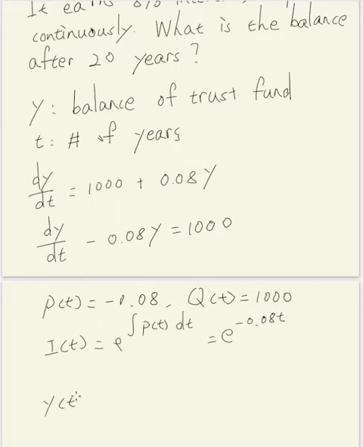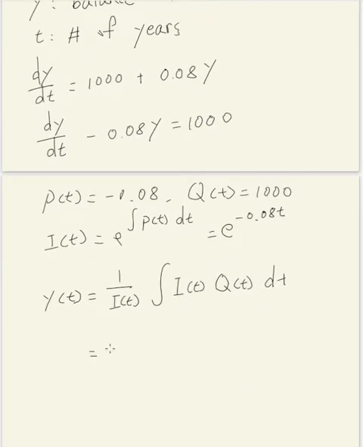Then y of t, by the formula 1 over I times the integral of I of t Q of t, is e to the 0.08t times the integral of 1000 times e to the minus 0.08t dt. Okay, evaluate this integral.